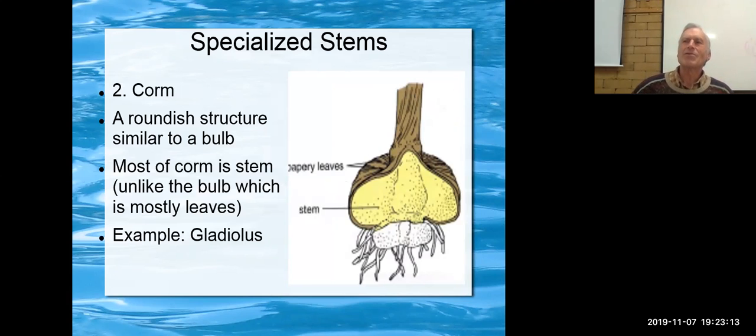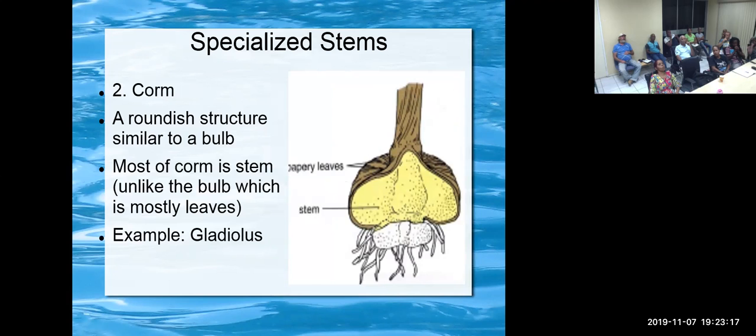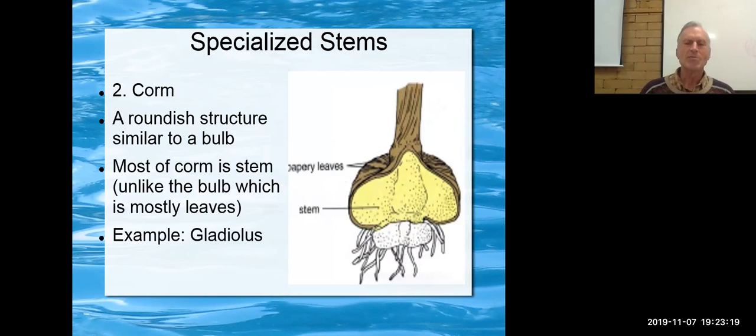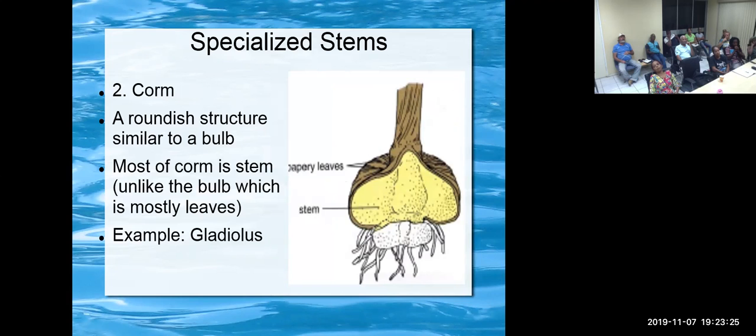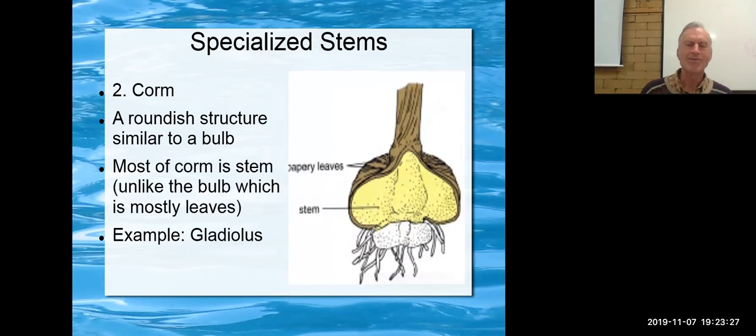Begonias, I think, have corms. Would a tulip be one, Steve? No, a tulip is a bulb. It's like the onion. You said there's not very many examples? I don't know of many. I don't work a lot with ornamental plants, and I think most of the examples would be ornamental plants.